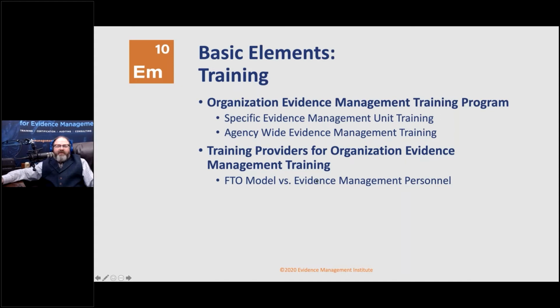We recommend that evidence management personnel are involved with the training process, especially training young officers.